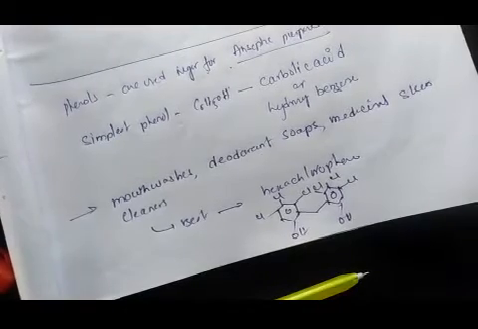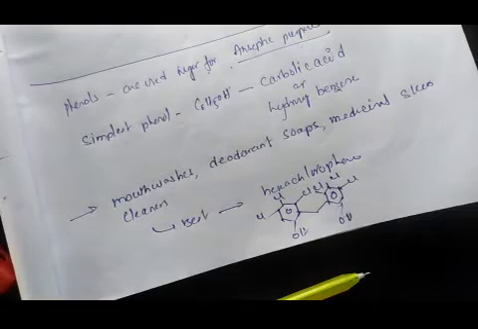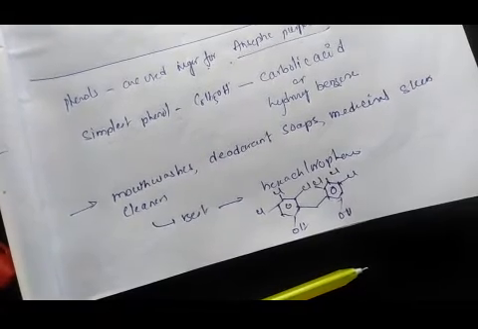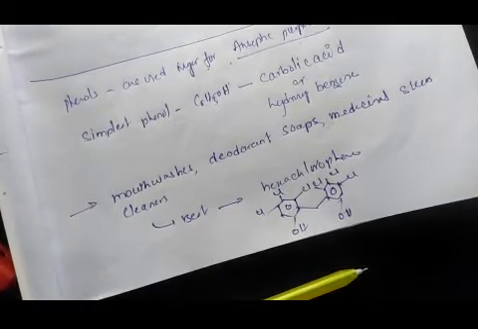The simplest phenol is C6H5OH, called carbolic acid or hydroxybenzene, and phenols are generally employed in mouthwashes, deodorants, and medicinal skin cleaners. So this is the introduction, as well as the structure and definition of phenol.